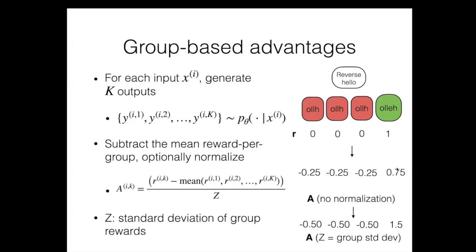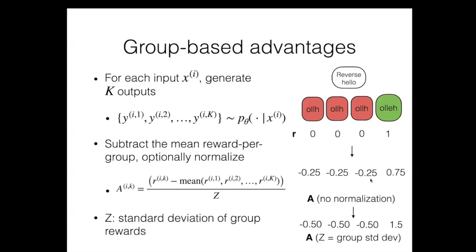Okay, and so what's one way of interpreting that? In some sense, this example here, where the model only gets a single positive reward, it's maybe a harder example. The positive reward is more rare. And so in that case, the model is getting a bigger update. If the example is easier, then this mean is going to push down the magnitude of the update. And so it can have this kind of difficulty-aware effect, if you want to call it that.